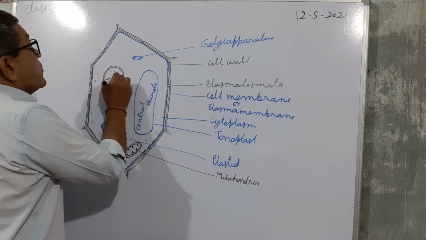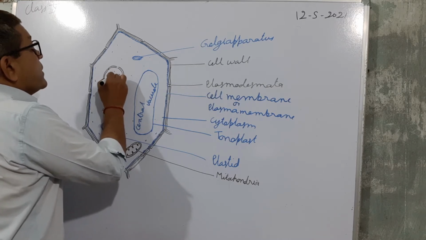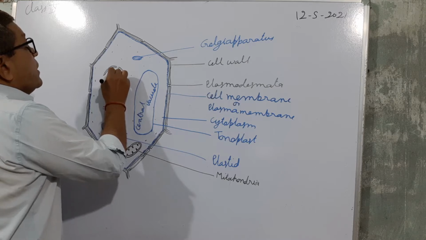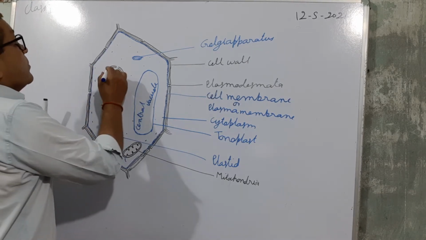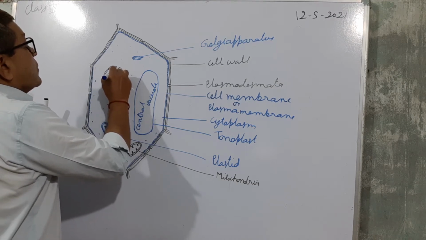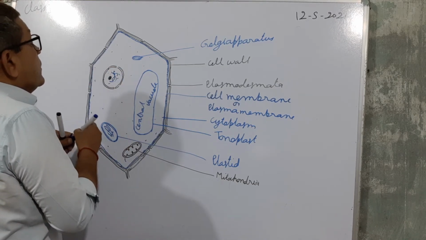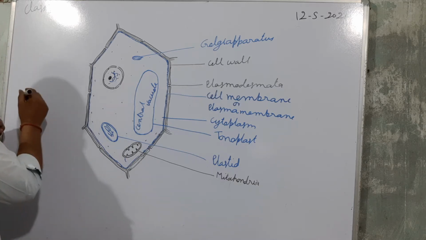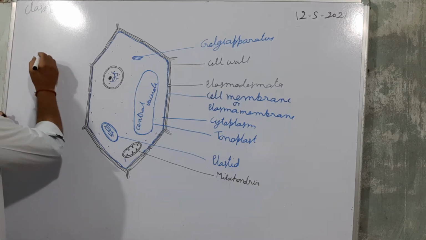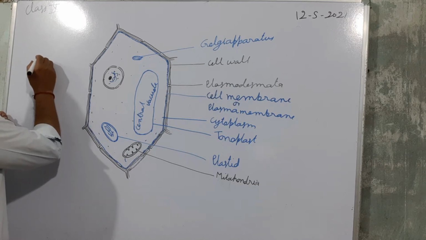Here this is the nucleoplasm, and this is the nucleolus, and here is the chromatin. So this is the structure of the nucleus.